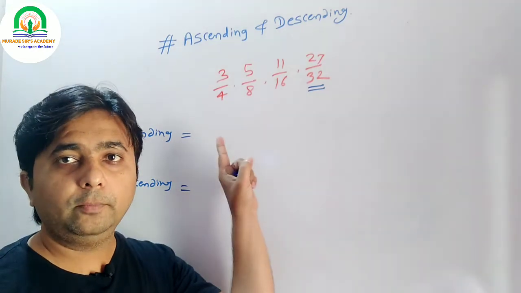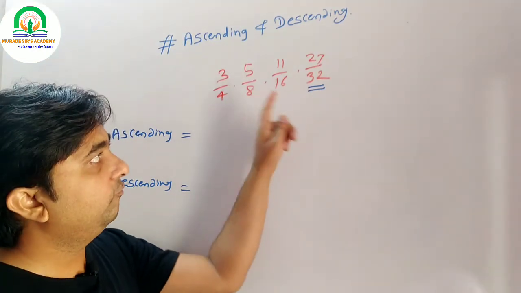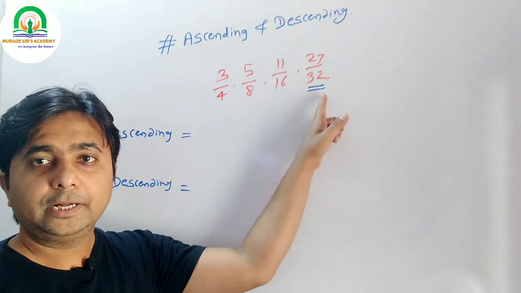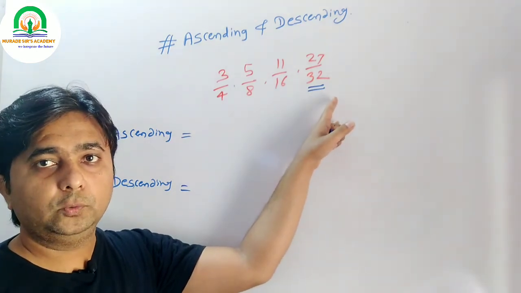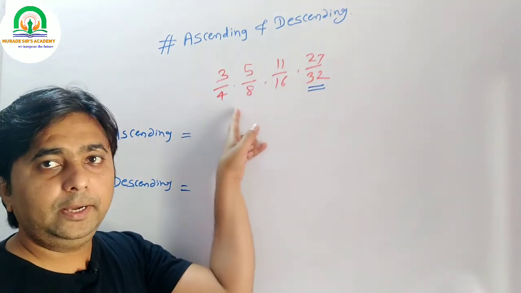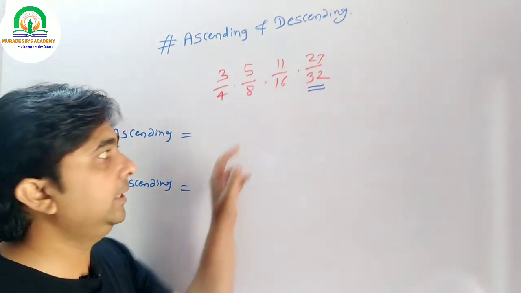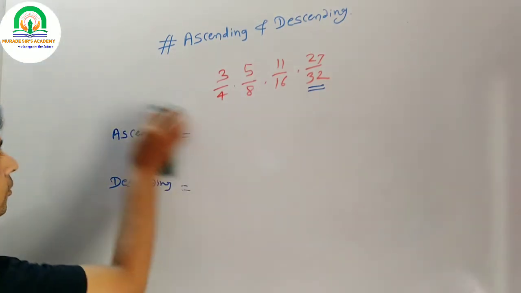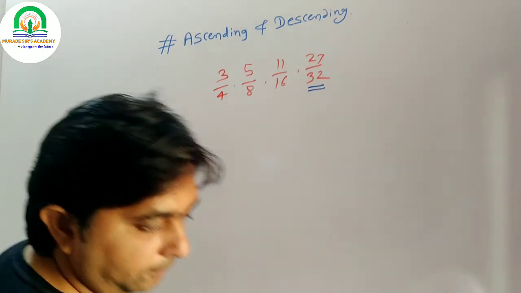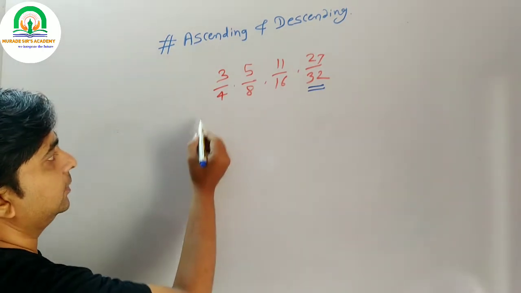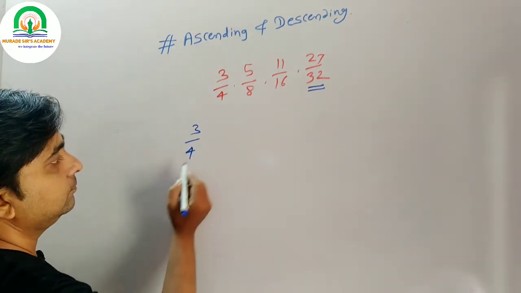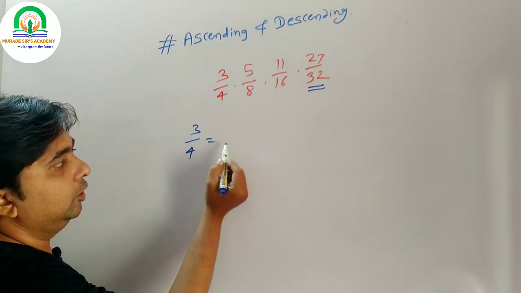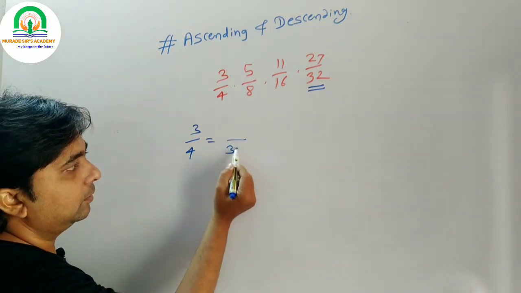Means the denominators are the same. For that, find the greatest denominator 32 and make the remaining denominators 32. First, convert 3 upon 4 into denominator 32.